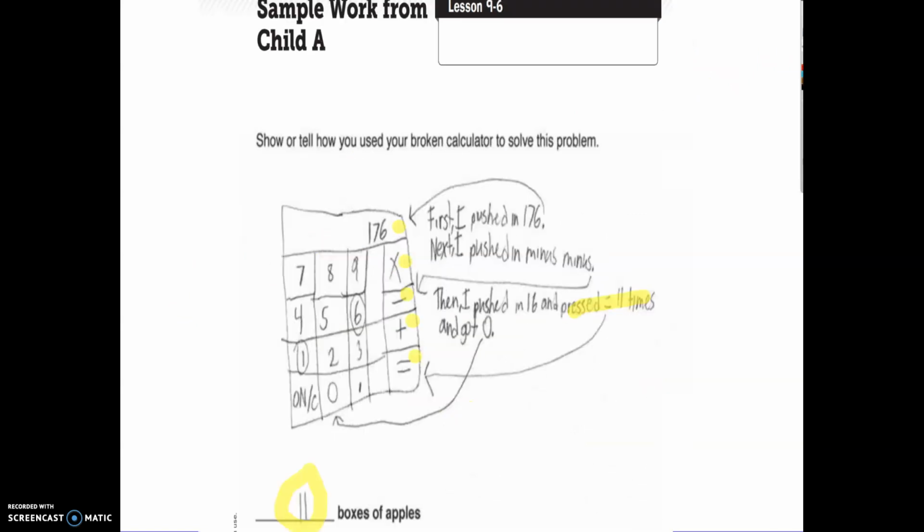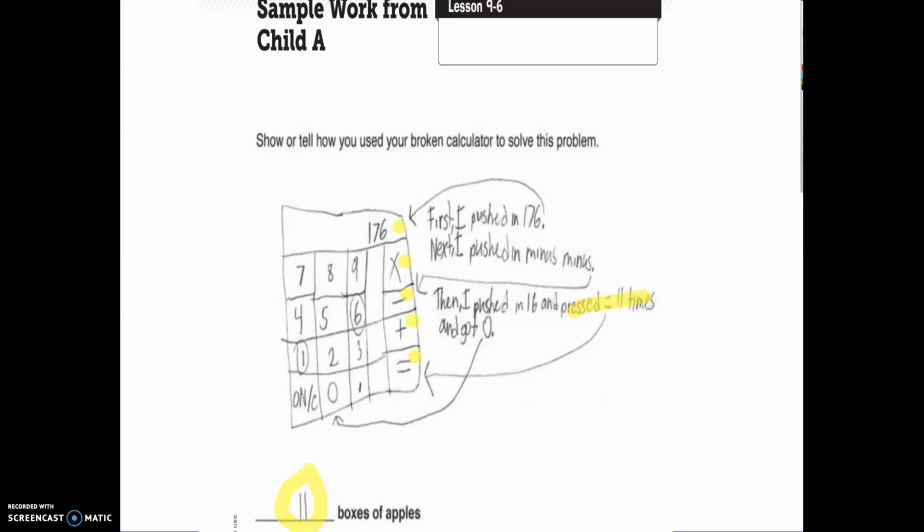Oh, pretty clever. So here's B and here's A. Something that they did that was the same is they both used repeated action. Child A used repeated subtraction.